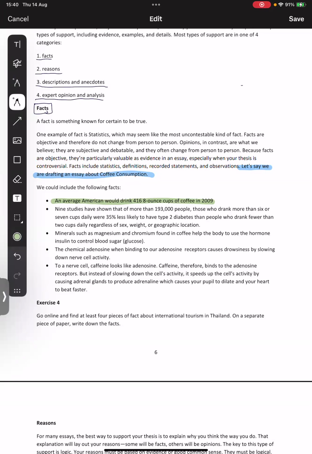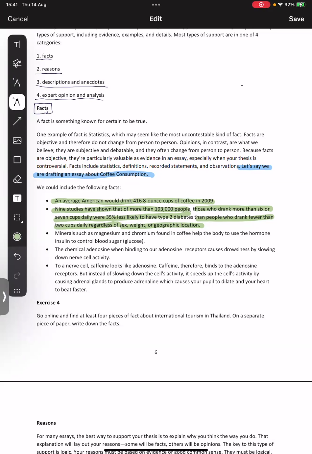All right. Next, 9 studies have shown that among more than 193,000 people, those who drank more than 6 or 7 cups daily were 35% less likely to have type 2 diabetes than people who drank fewer than 2 cups daily, regardless of sex, weight, or geographic location. So, what does that mean? That means if you drink coffee daily, you will be safer from type 2 diabetes.